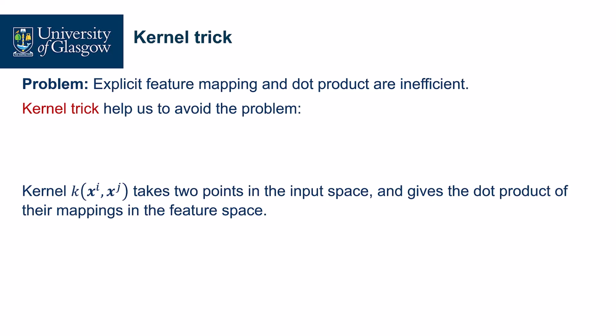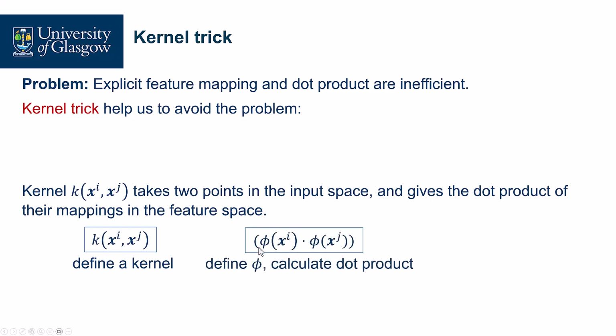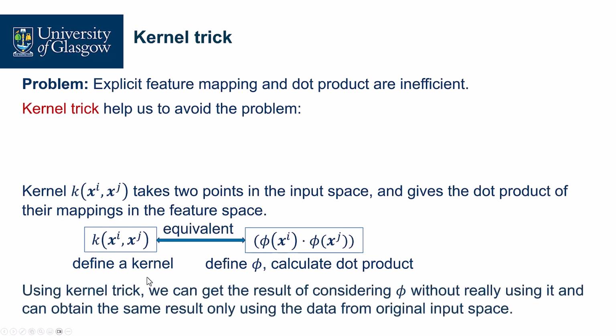So this makes things interesting. If we have a kernel function, we just apply it. If we apply the mapping function phi to the two points and take the dot product, the result is the same. This tells us that using the kernel trick, we can obtain this result without really using phi, using only xi and xj in the original input space.